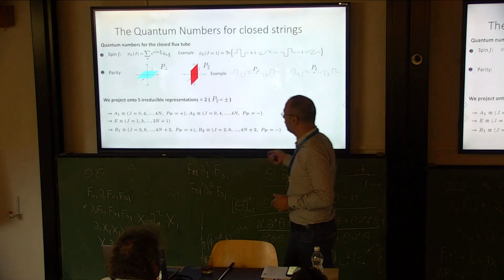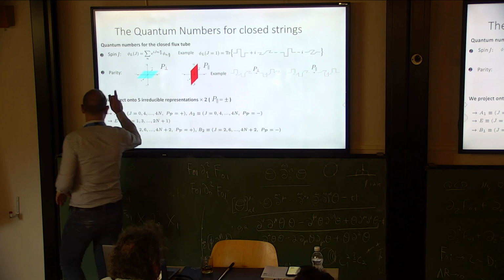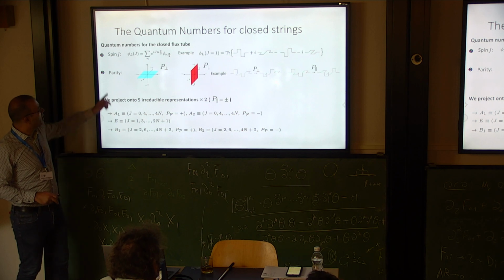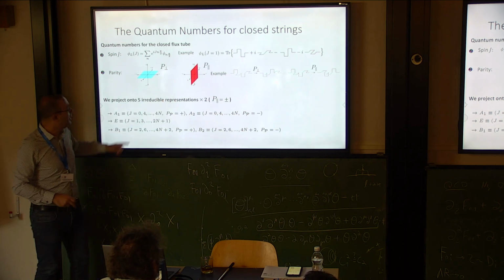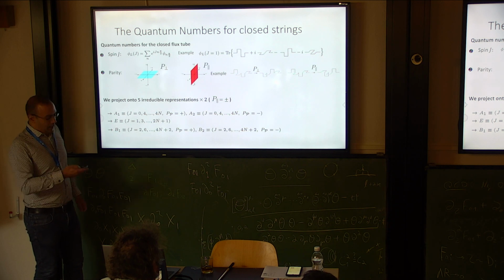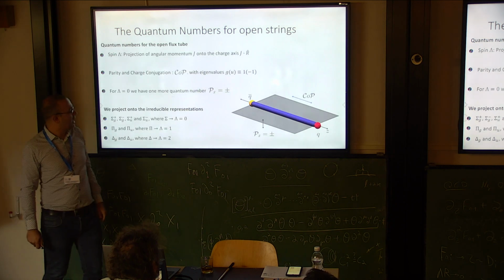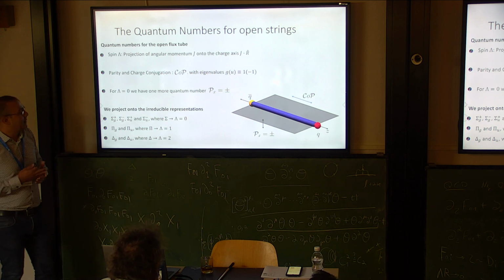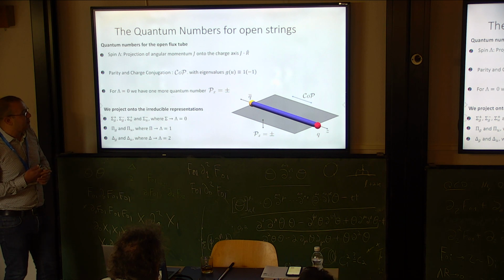Now the quantum numbers for the closed string are the spin and the parity, and we project onto 5 irreducible representations. We have 2 parities, and this gives in total 10 irreducible representations. For the open flux tube, I use the standard nomenclature that has been used by lattice gauge theorists for many years.